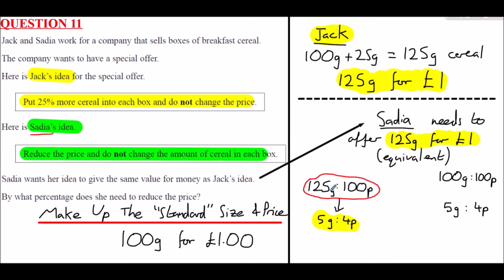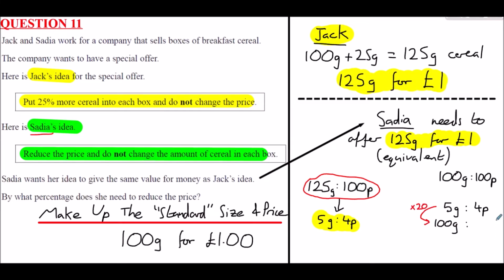That same sort of ratio. But she wants the grams to be 100. So how can I go from 5 grams up to 100 grams? Well, 5 times 20 gives me 100.